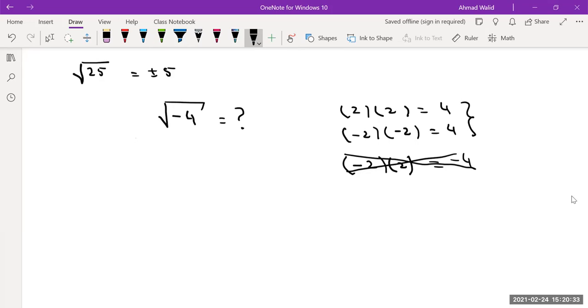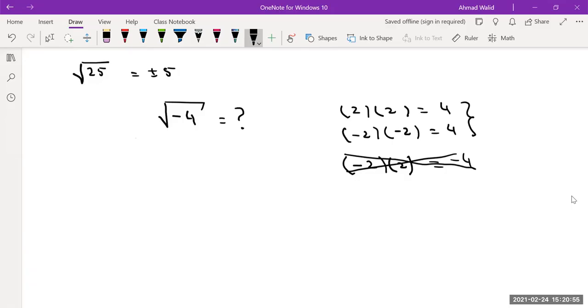In the past, even before you jump to intermediate algebra, when you were facing a negative number under the square root, your answer was no solution. Negative numbers don't have a square root.